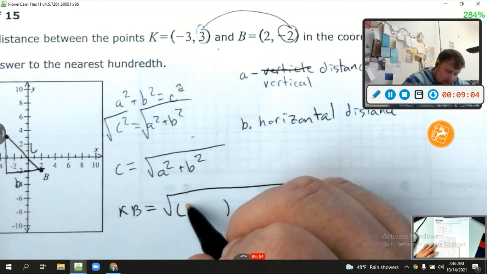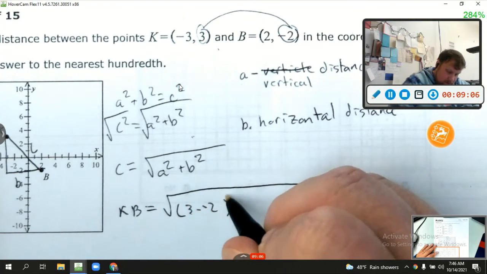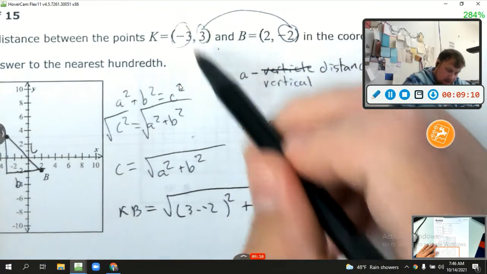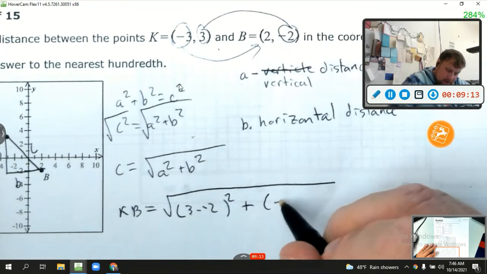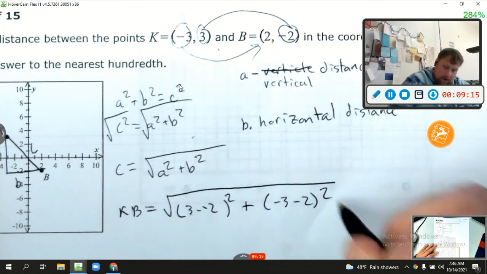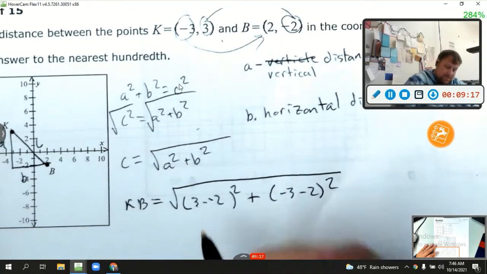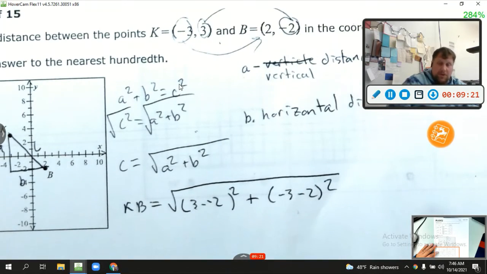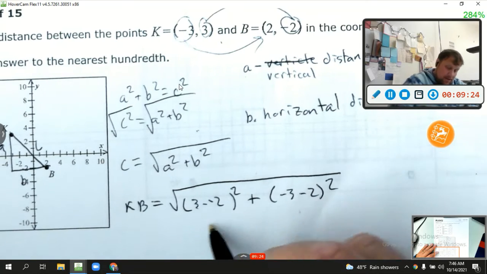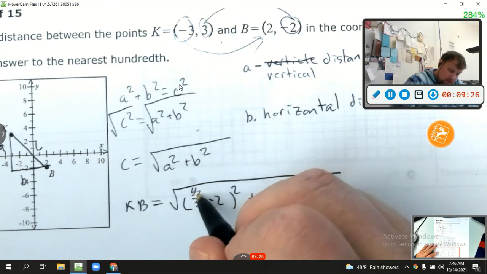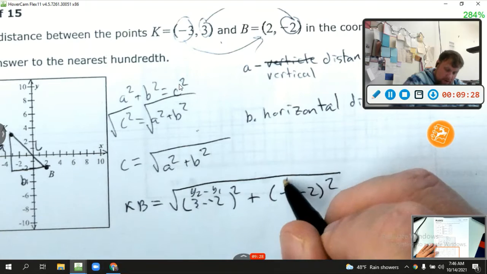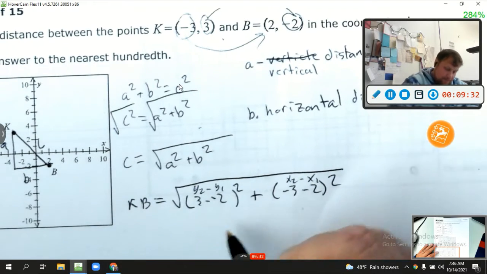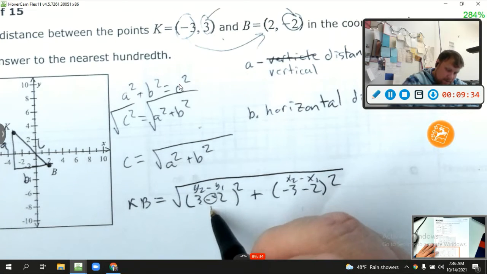So I'm going to have 3 minus negative 2 squared plus negative 3 minus 2 squared for my horizontal distance. I'm just matching y's to y's, x's to x's. It doesn't matter if you switch this order either, as long as these are both y's, so I have my y2 minus y1, and over here is my x2 minus x1. Again, you could have started with the x's. I just didn't. So minus negative is a plus.